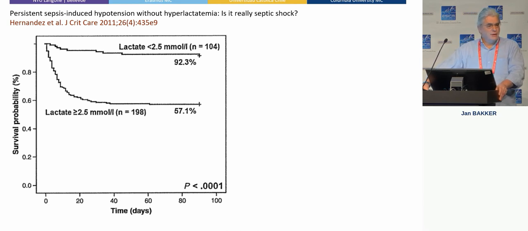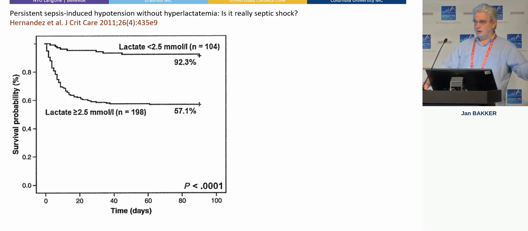If you look at this slide, you have patients with septic shock, so non-responsive to fluid administration, remain hypotensive, and need a vasopressor to increase their blood pressure to a minimum level. If you then look at those patients with or without an increased lactate, and here Glenn and Anders use 2.5, you can see there is a huge difference in mortality.